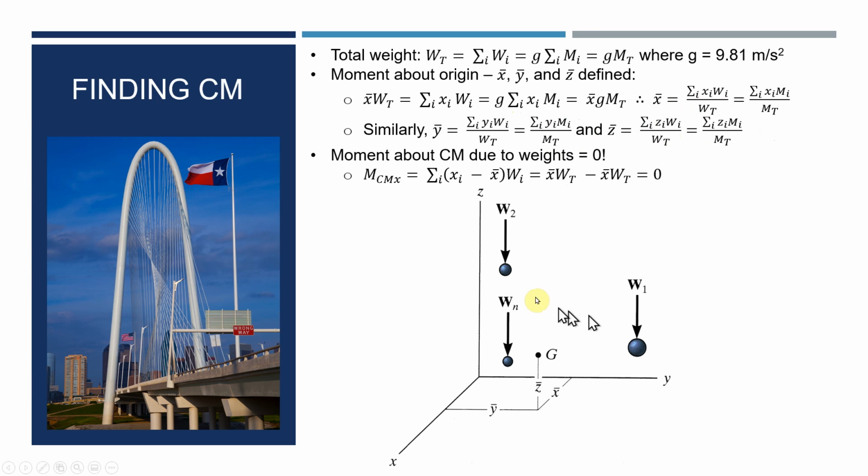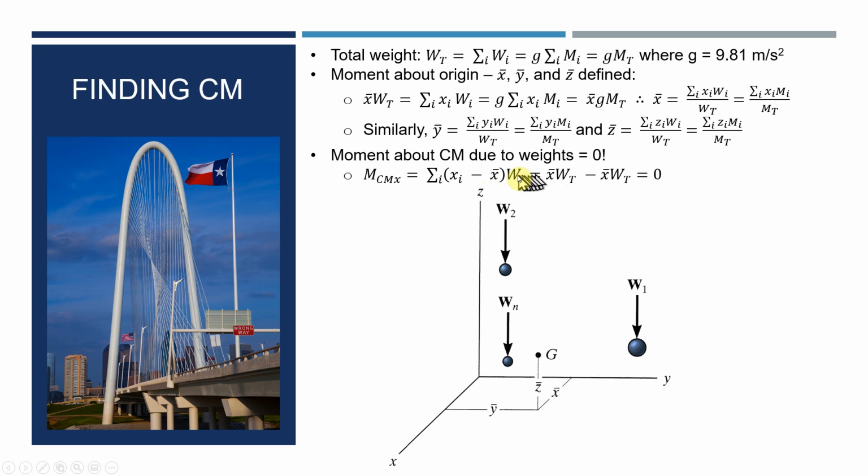Okay, now you'll notice that if the center of mass is taken as your reference point, the moment around that center of mass equals 0. So here's the x-coordinate of the ith particle minus the x-coordinate of the center of mass, and this is from any point in the universe, and of course x bar has to also be referenced from that point.